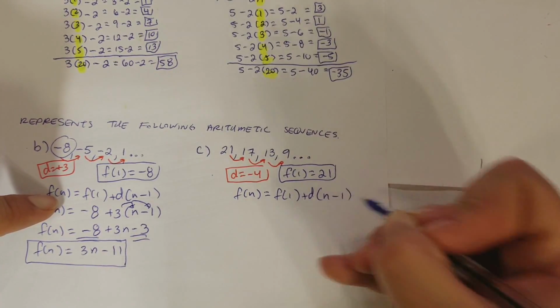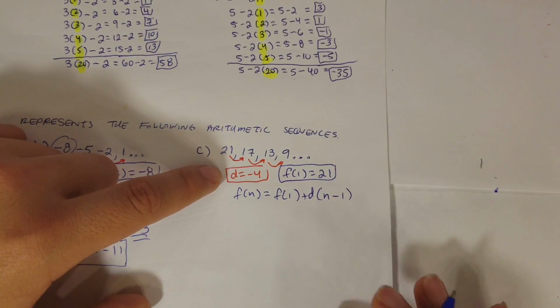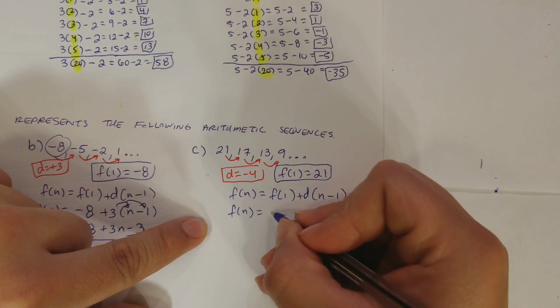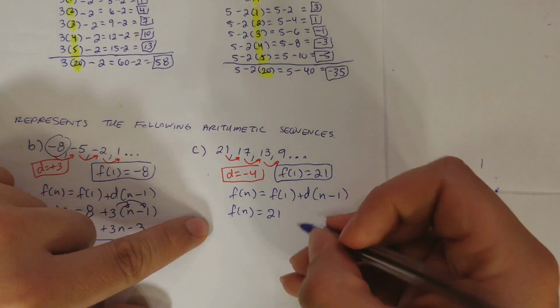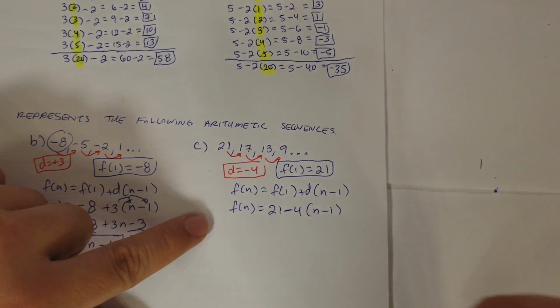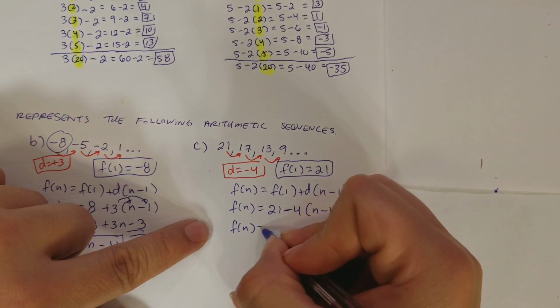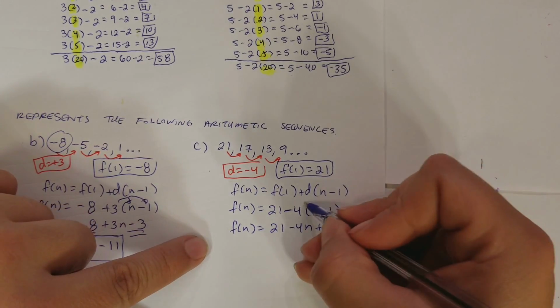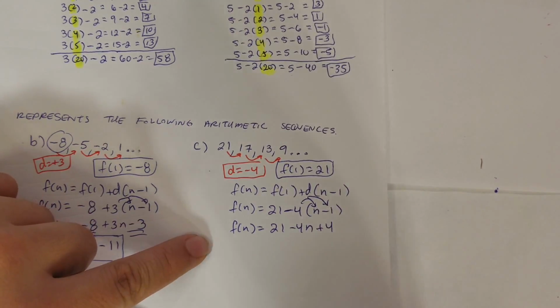So we're going to plug it into this guy here because it's an arithmetic pattern. So this gives me f1, which is 21, plus d, which is -4, parentheses, n minus 1. I don't plug anything in for n yet again. So f of n is equal to 21 minus 4n plus 4. When I do the distributive property, right, multiply this times that and this times that.